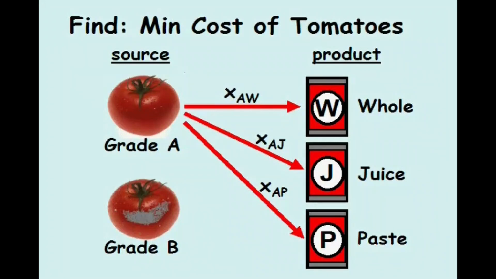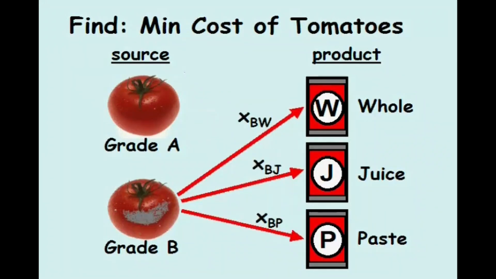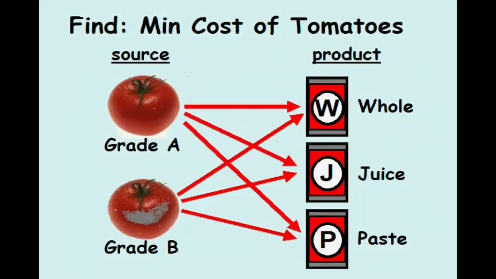Likewise, decision variables XBW, XBJ, and XBP will refer to the quantity of grade B tomatoes in pounds purchased to produce these 3 products. Using these 6 decision variables, we can formulate the demand and quality constraints.